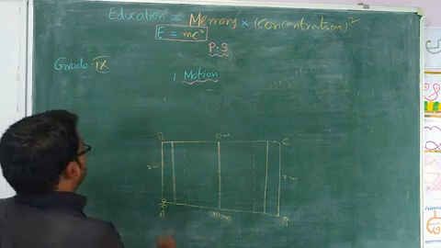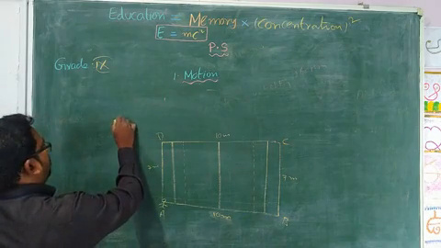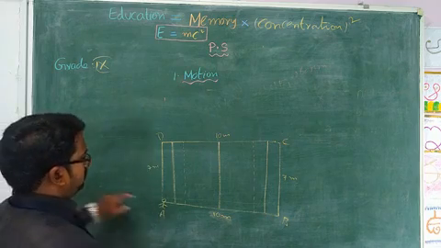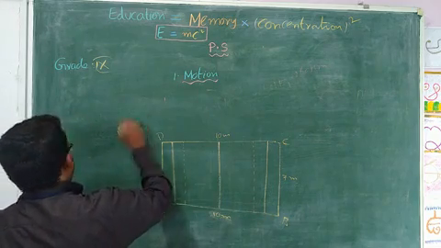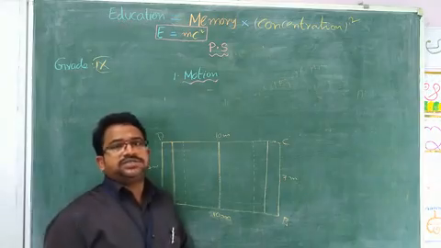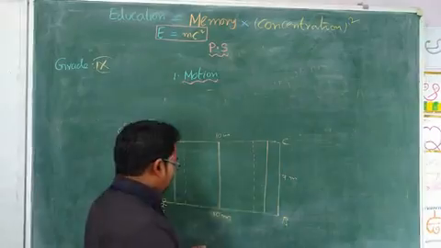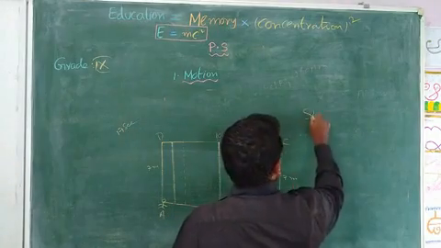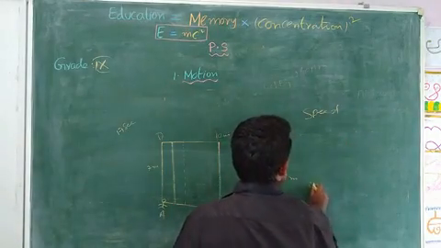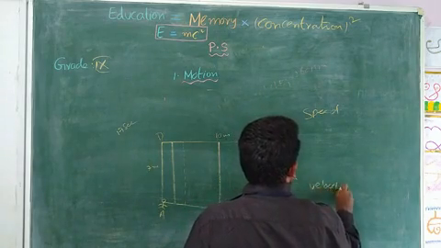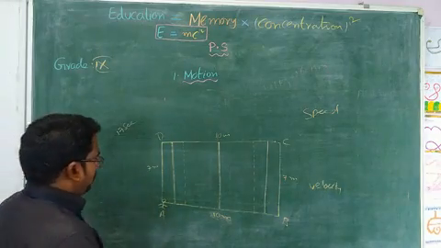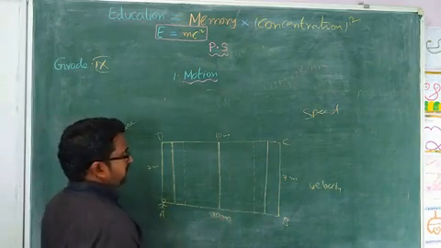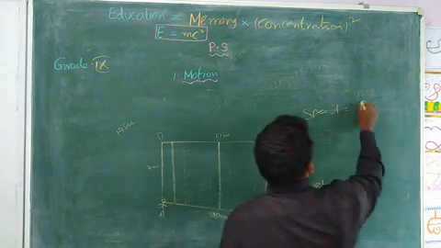He reaches it in 17 seconds. Now calculate the average speed and average velocity. What is my speed?